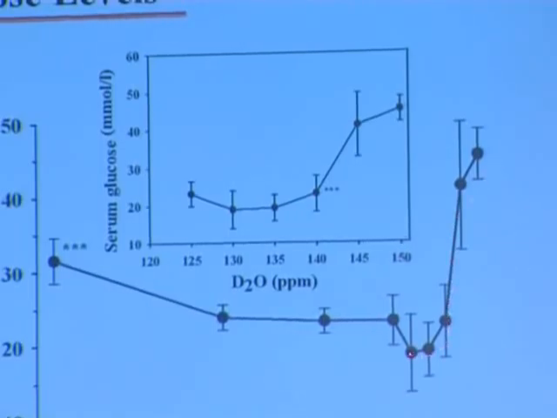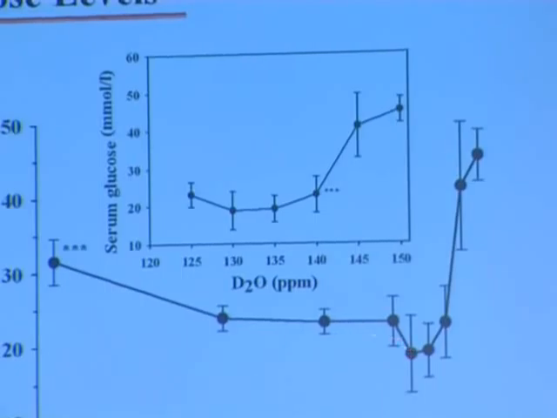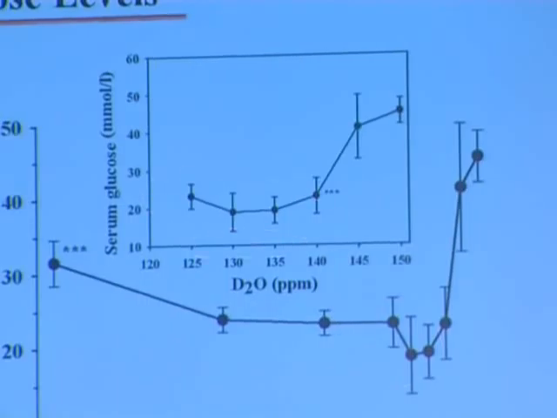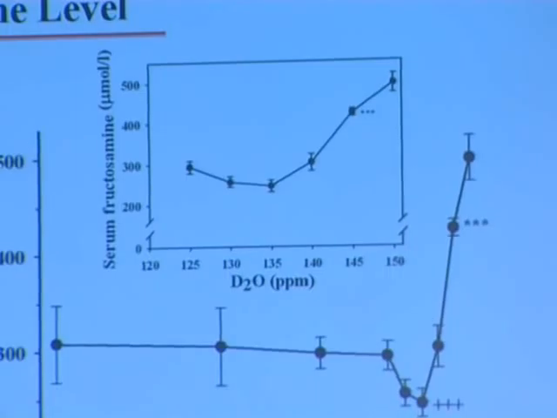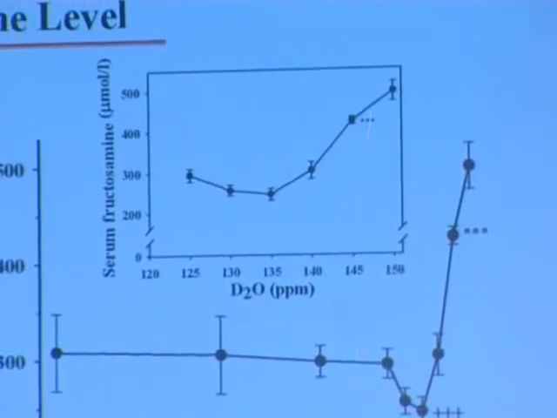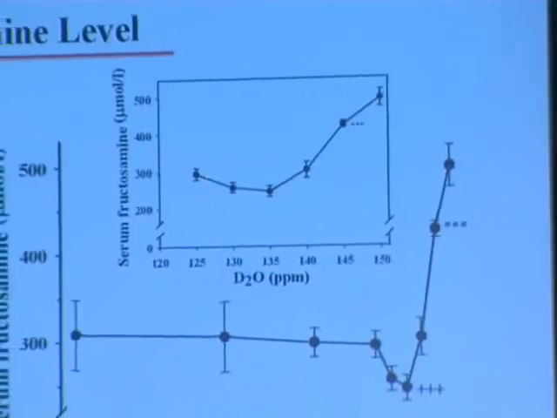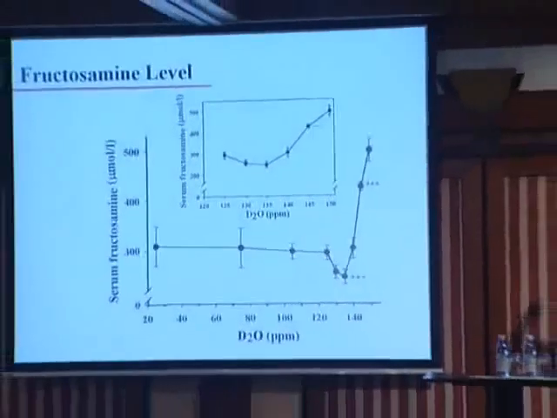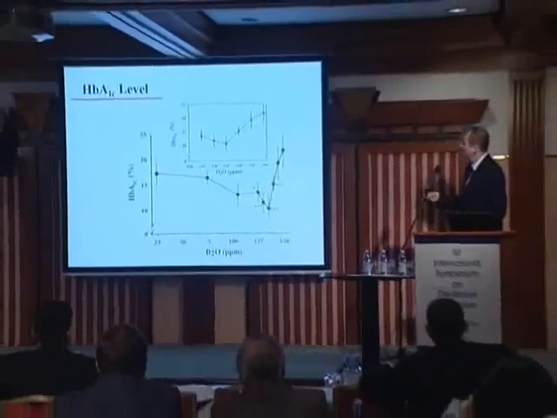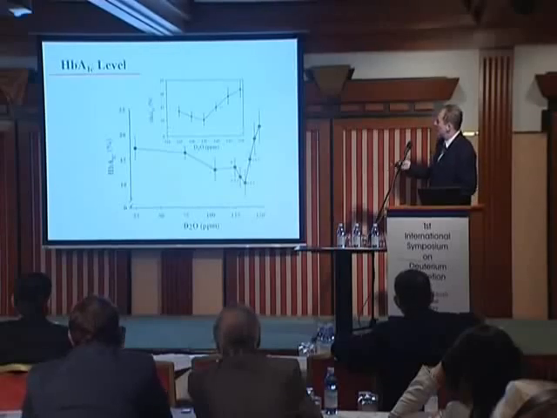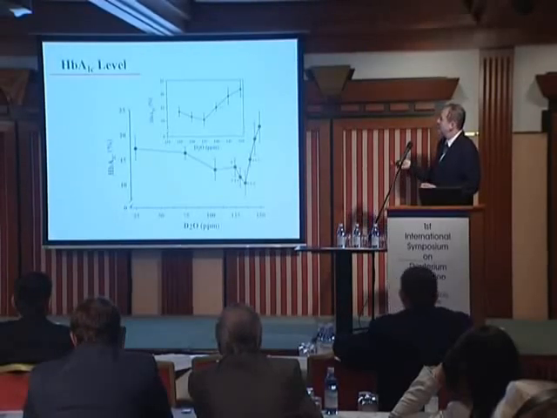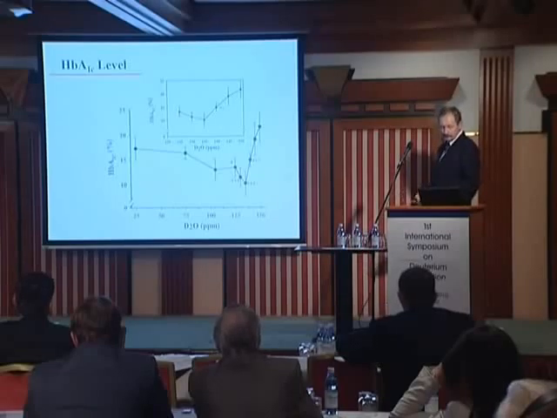At the beginning it rapidly affected the glucose uptake, and then it reached a steady state, but it looks like the curve has an optimum, and this optimum was about 130 to 135 ppm. The fructosamine level looked very similar, like an optimum curve at about 130 to 135. And if we check the hemoglobin A1C level, very similarly, not the lowest doses and not the highest dose, but around 130 to 135 was the optimum concentration.